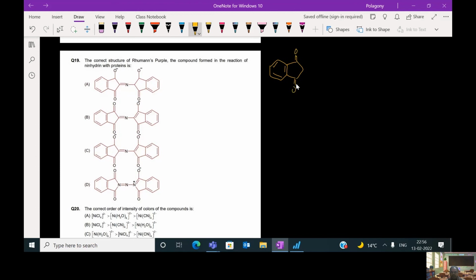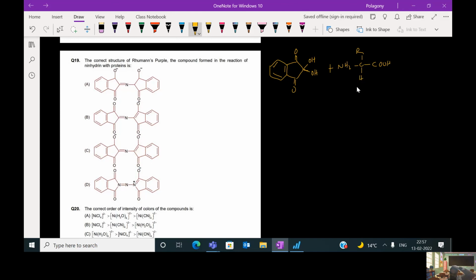This is the structure of ninhydrin. OH plus NH2, here is COOH, R here, and here is hydrogen.